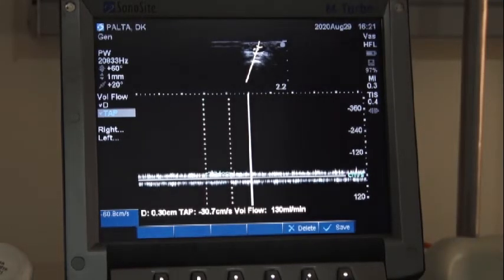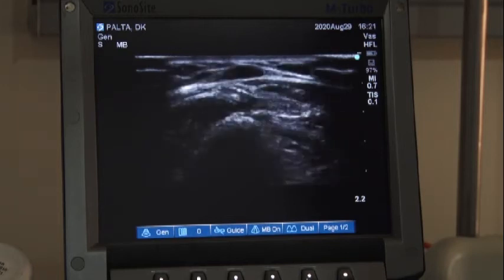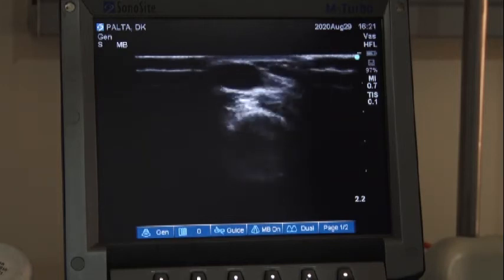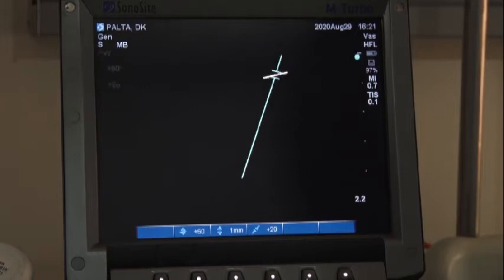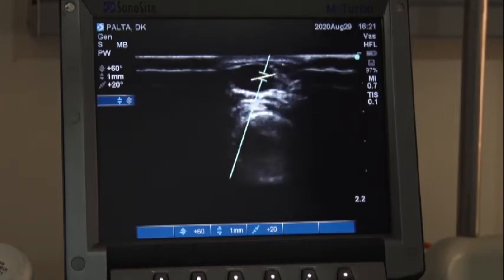So the flow is 130 ml per minute, but we'll check it again, we'll confirm again. This is the vein at around 5 centimeters from the anastomosis.